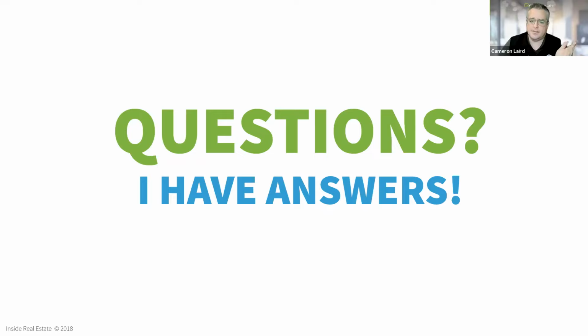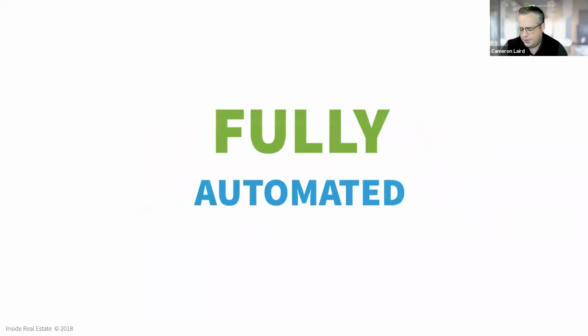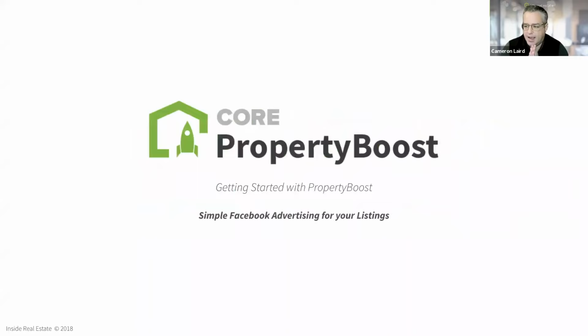So if we go back to the Get Buyer Leads product, which has a 3-month commitment, we suggest leaving these up for as long as you can, or as long as you're seeing results from them. 3 months is the minimum we ask, because it does take time for the algorithm to learn and to start to get some traffic coming through to your website that then is going to be retargeted, and getting that lookalike audience up on Facebook.